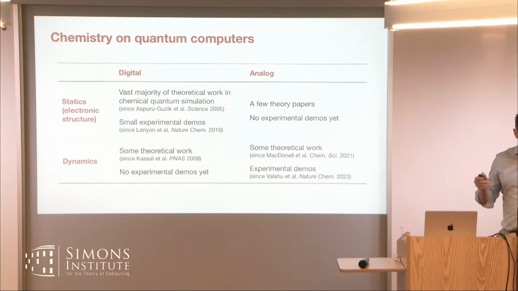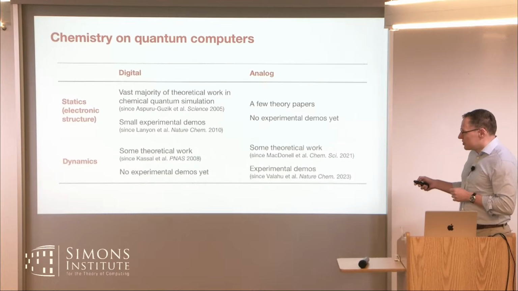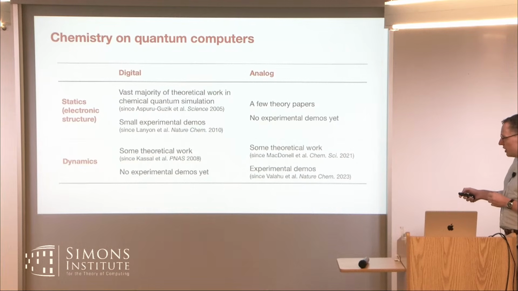Digital, I mean just qubits and gates, the normal framework of quantum computing that you'll find in the textbooks, and the static problem of electronic structure. This is where the vast majority of it has been done since Alana Spurguzic's paper in 2005. And there have been small experimental demos, including the ones I mentioned on the previous slide.